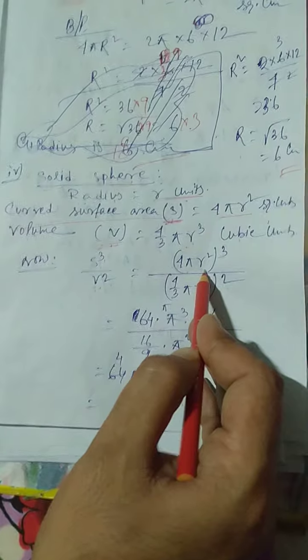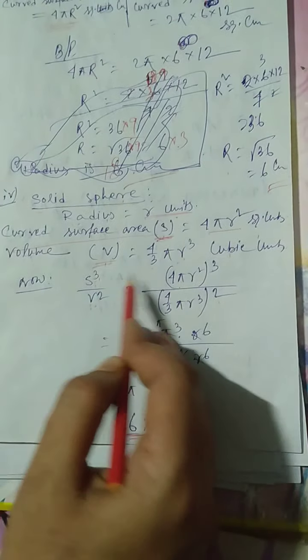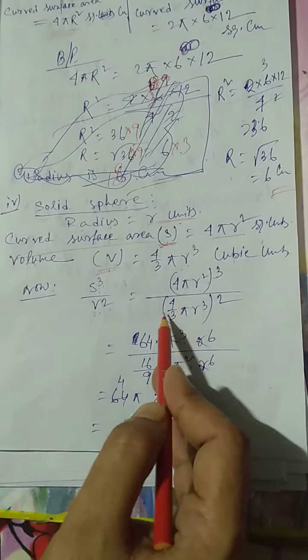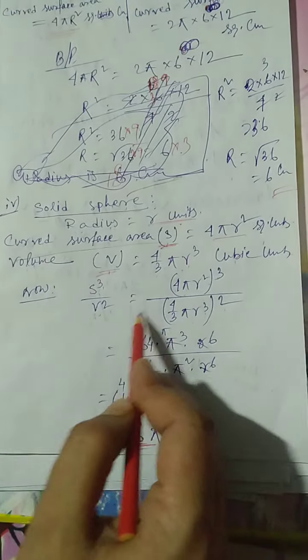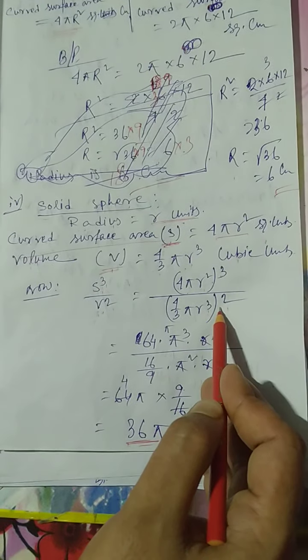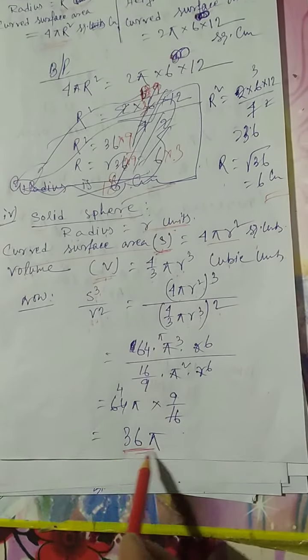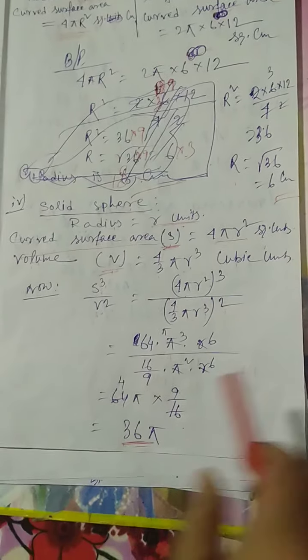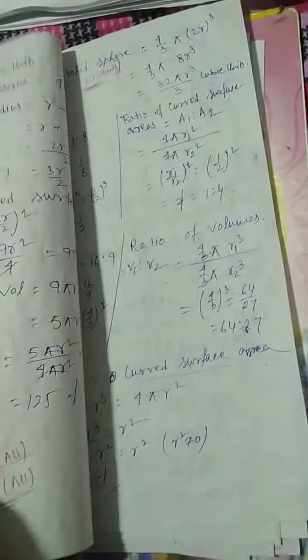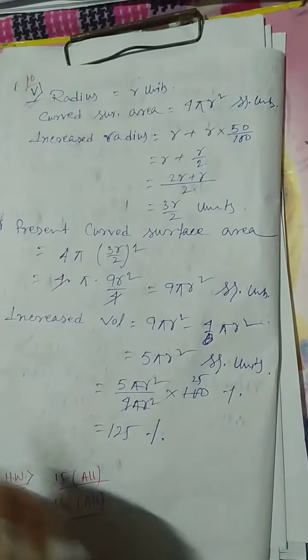S is 4 pi r square, so that is 4 pi r square whole cube. This is S cube, and V square. V is 4 by 3 pi r cube, and V square is 4 by 3 pi r cube whole square. So from here calculate, and the value will be 36 pi. Clear? 36 pi.